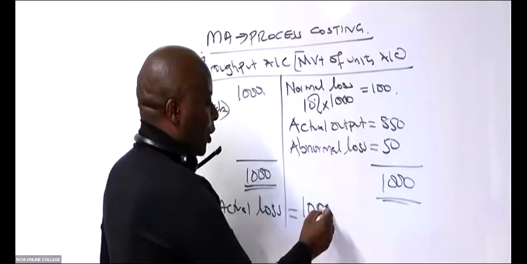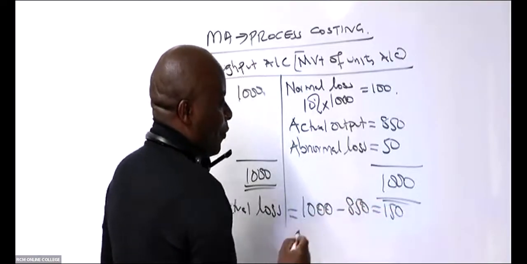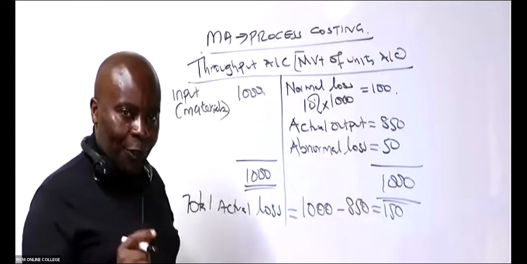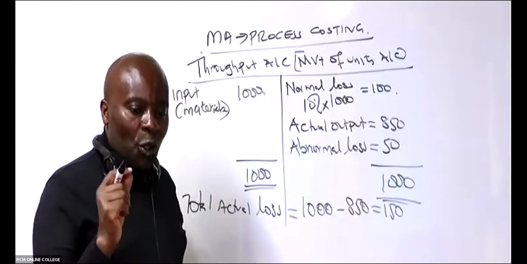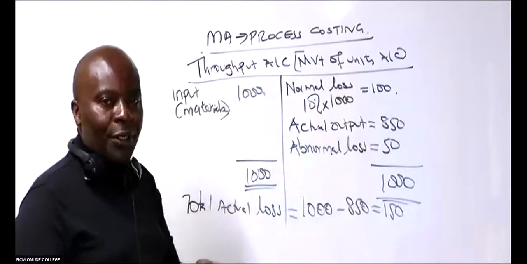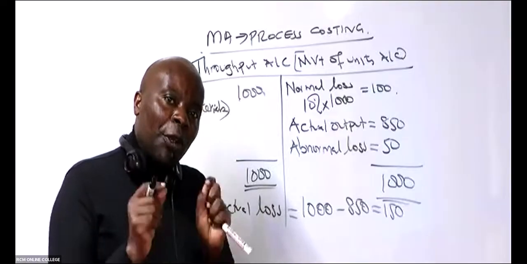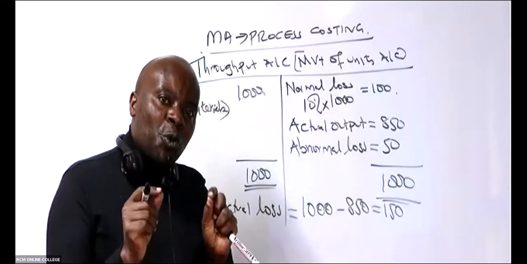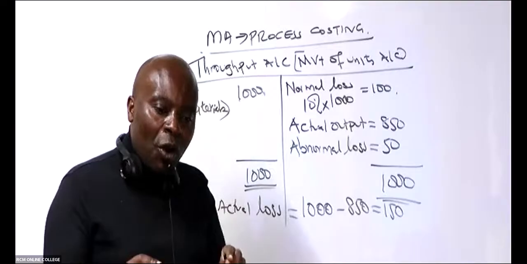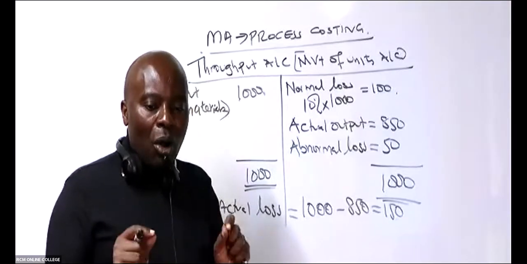So 1,000 minus 850 gives me 150 as the total loss. And this total loss of 150 is more than the normal loss. We said that whenever the actual loss is more than the normal loss, you're going to get what we call an abnormal loss.